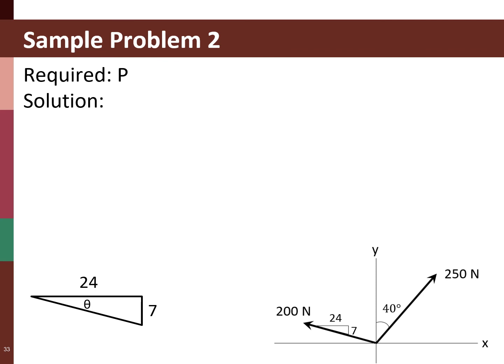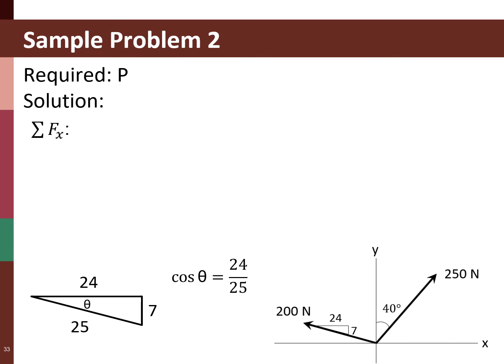Using rectangular components, we get the summation of forces about the x-axis. For the x component of the 200 Newton force, we consider this triangle whose sides are 7 and 24 and whose hypotenuse is 25. To solve for the x component, we get the cosine of theta, which is equal to 24 over 25.